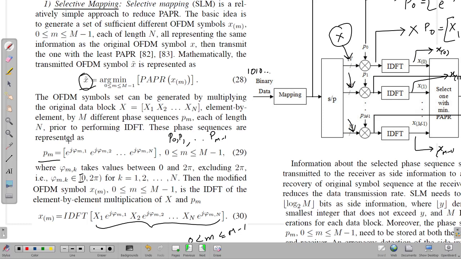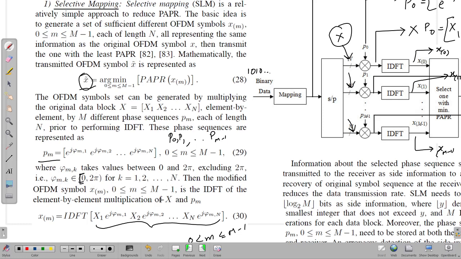So these phase sequences can have elements whose angle varies from 0 to 2 pi, where 2 pi is not included. That is the meaning of this. Here you have a square bracket, and here you have the ordinary bracket for k equal to 1 up to n.